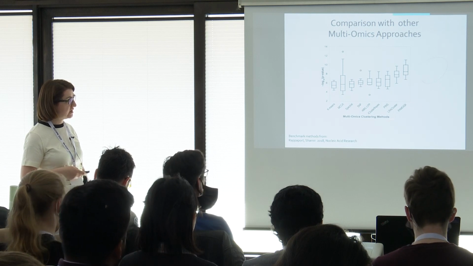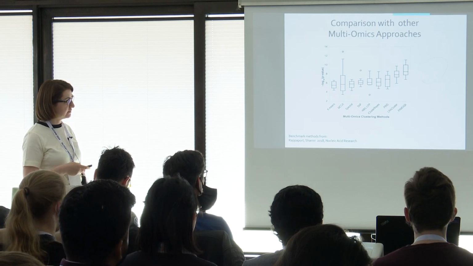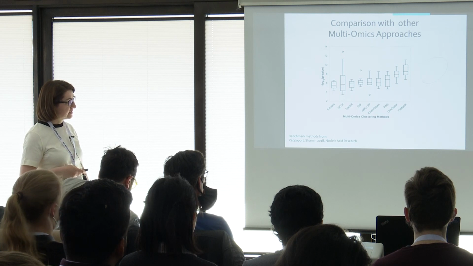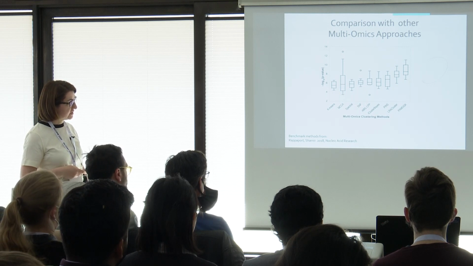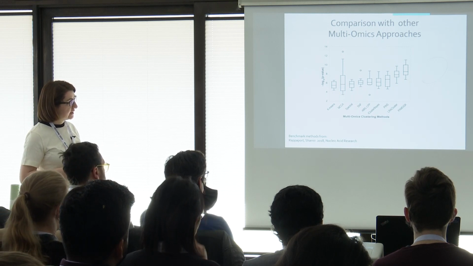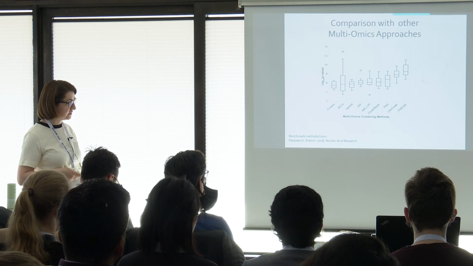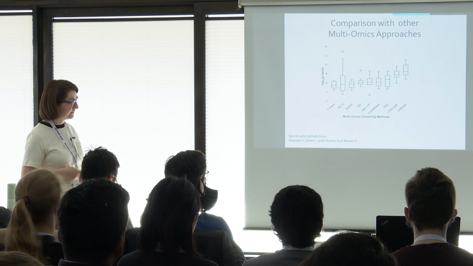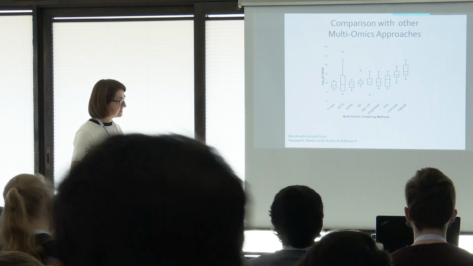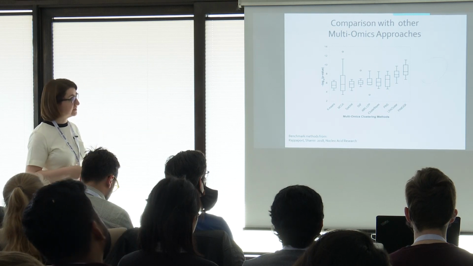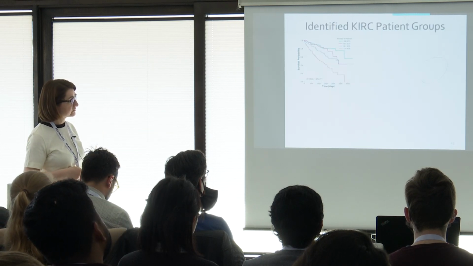PAMOGK is the one that's up here. SNF, for example, this Nature Methods paper, is here, and so on. These are all different methods from this nice benchmark paper by Rappoport and Shamir. They have nicely summarized different methods, and we used the implementations they pointed to.